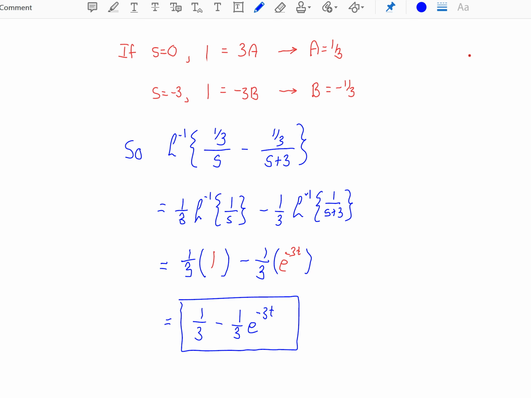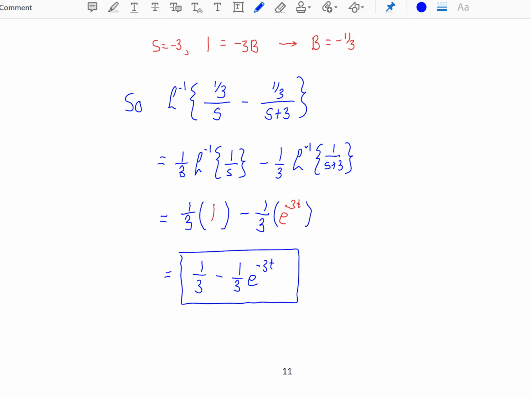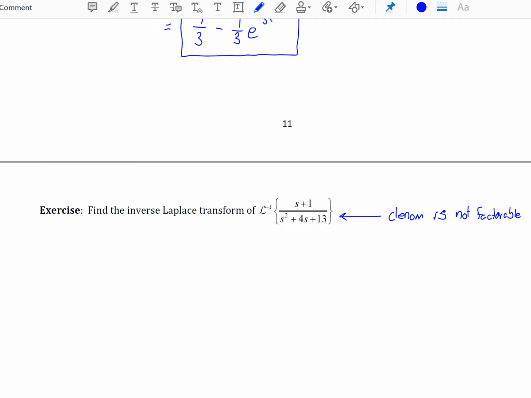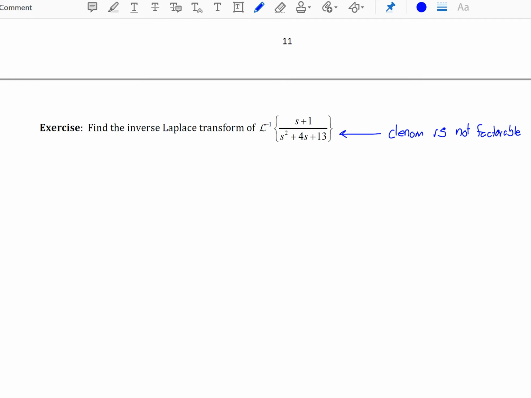Okay, I have one more example for you. Last one. Let's find the inverse Laplace transform of this fraction.